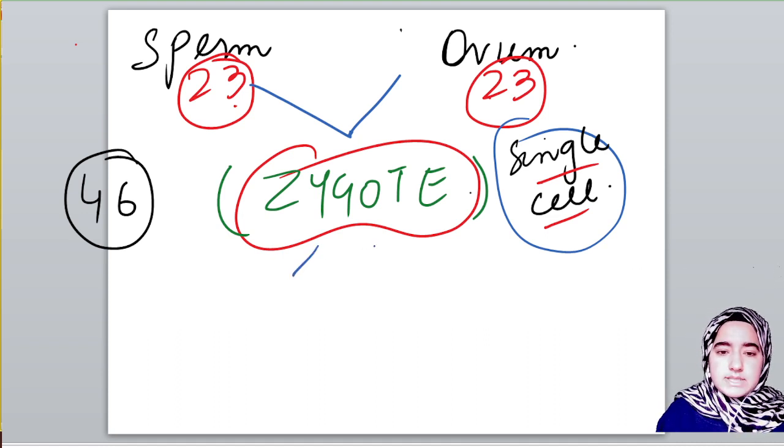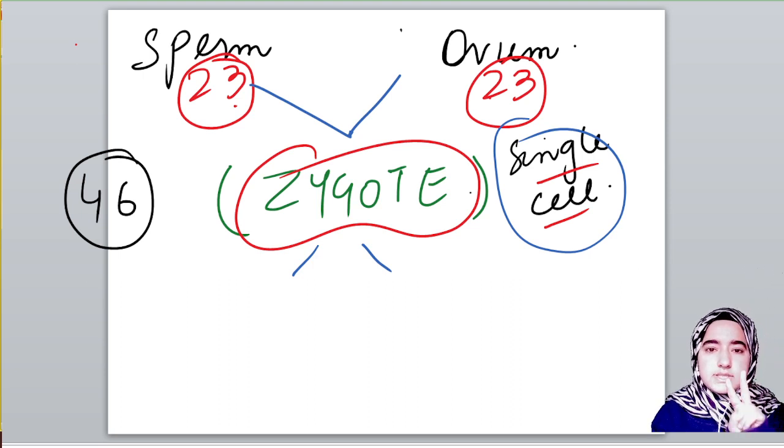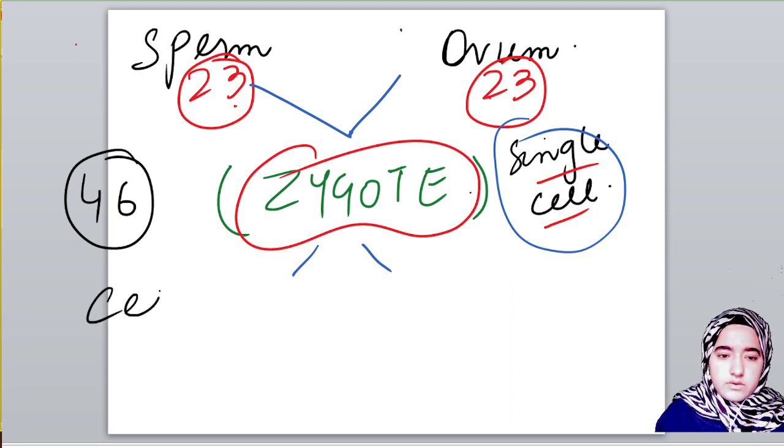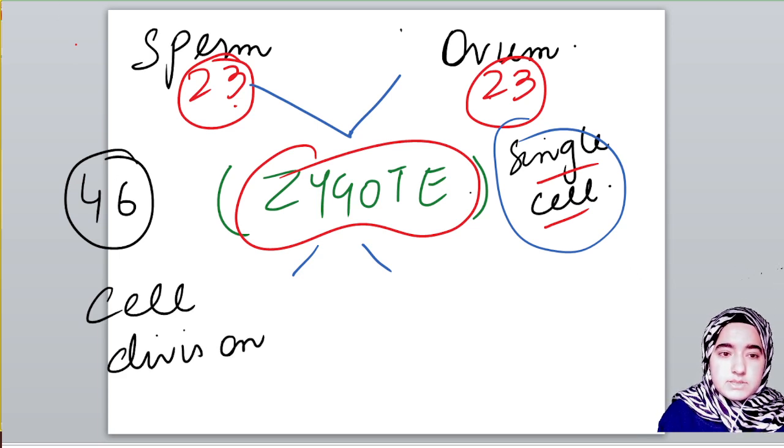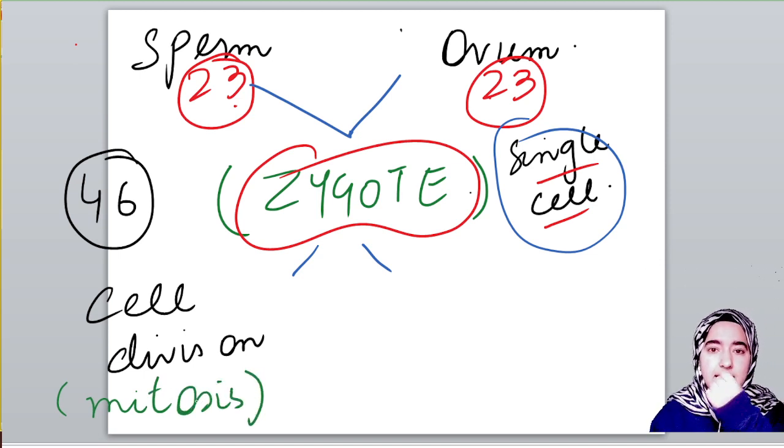Basically, two processes will take place in this zygote. First is cell division, and this type of cell division is mitosis. Mitosis simply means equational division.